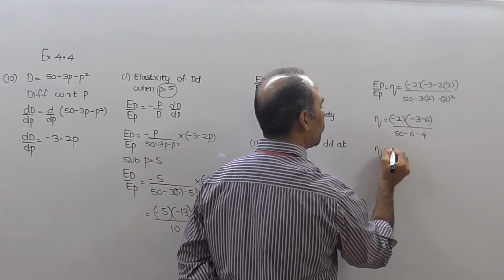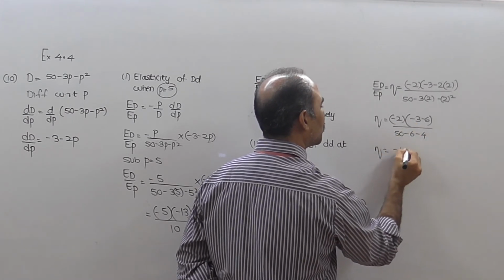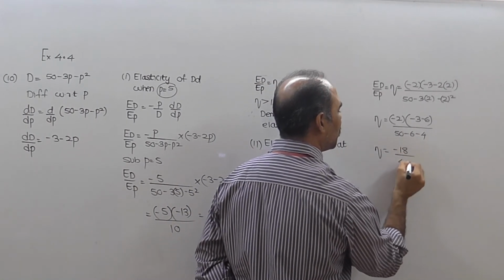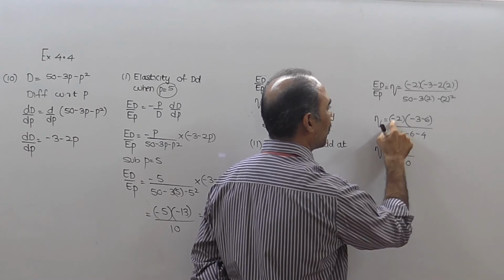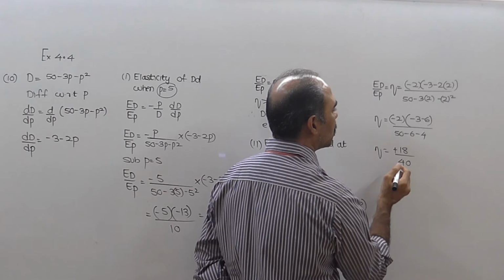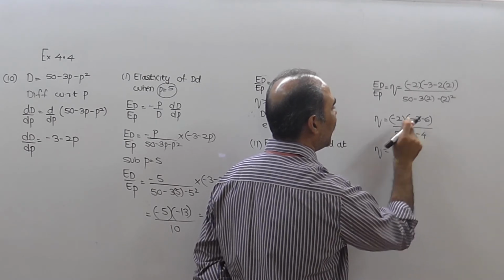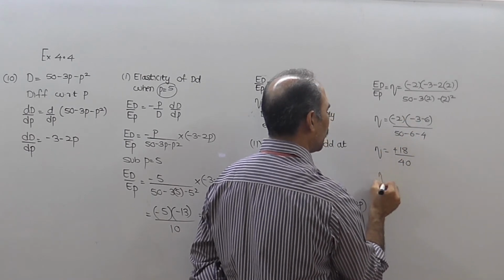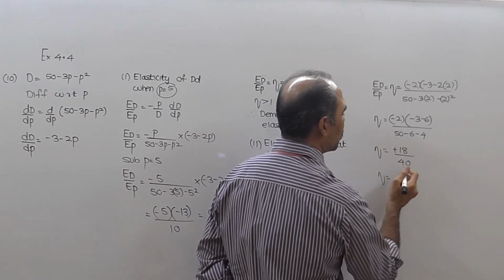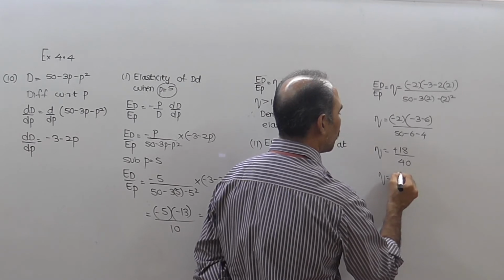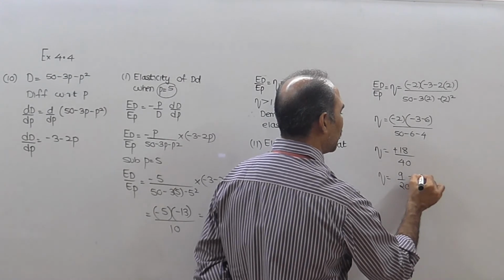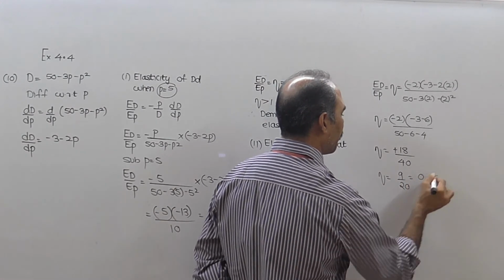So your eta will be minus 2 and minus 9, which is minus 18 upon 50 minus 10, which is 40. Plus ho jayega, I'm sorry, minus 2 and minus 9 will give you plus 18. So your elasticity of demand will be 18 upon 40, which is nothing but 9 by 20.